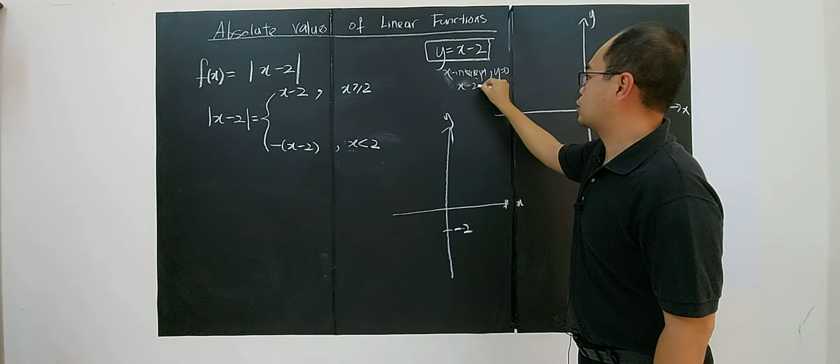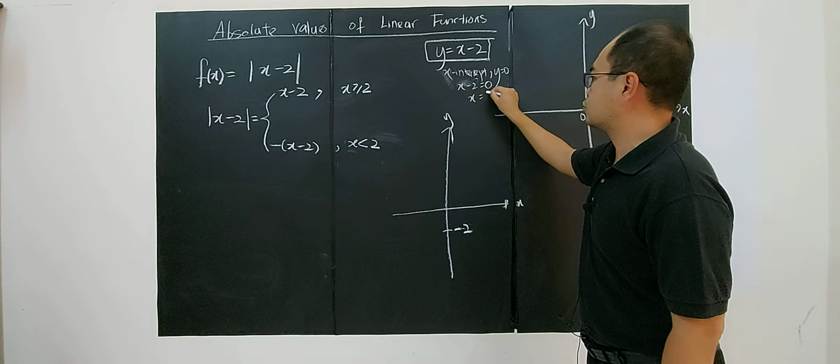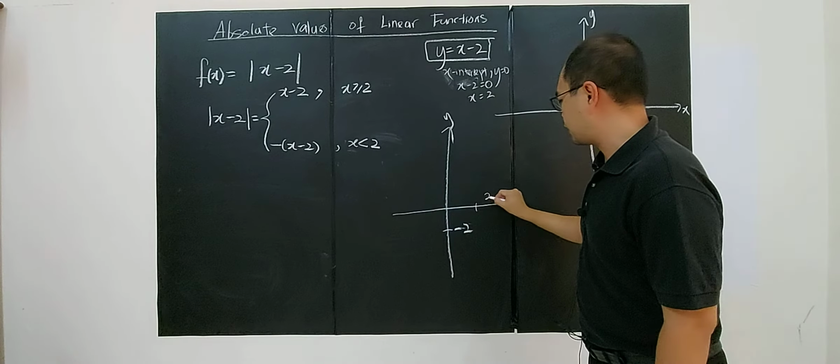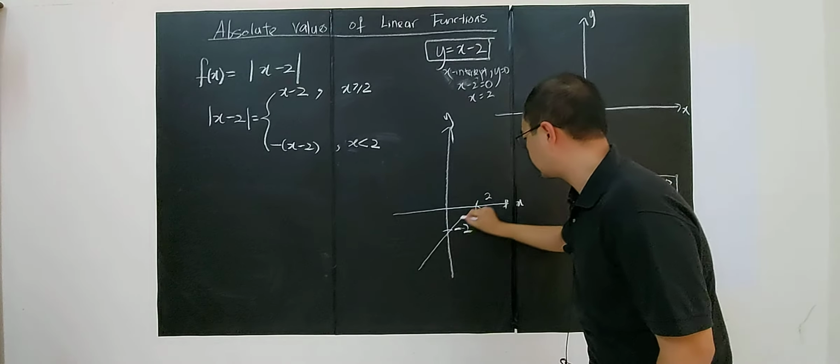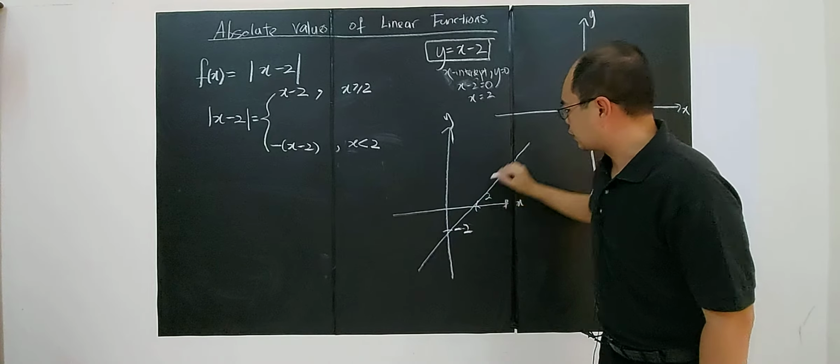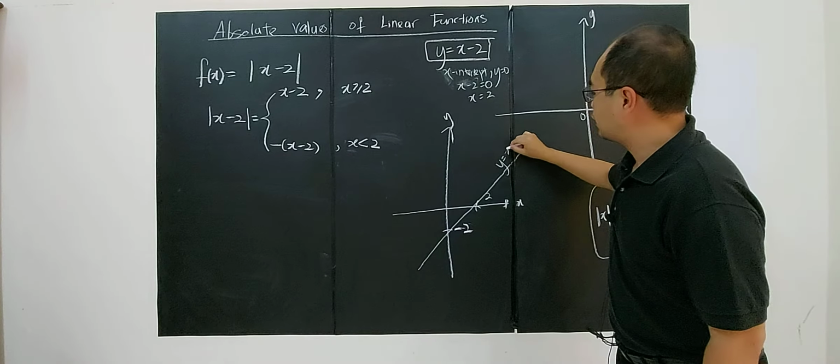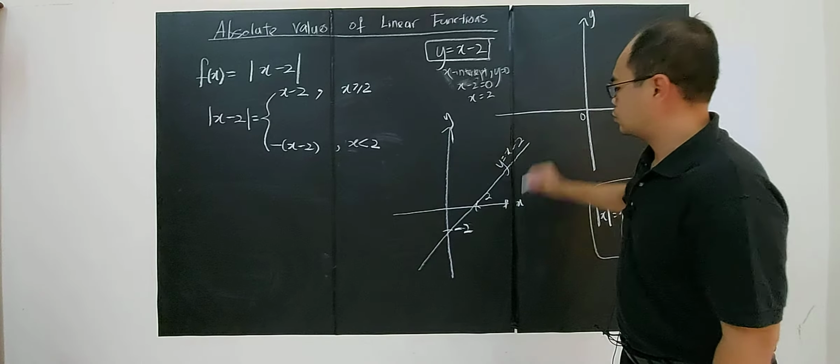So x minus 2 equals 0, and x equals 2. So it will intercept at 2 here. If you're sketching the graph, it's supposed to be this way. This is the graph for y equals x minus 2.